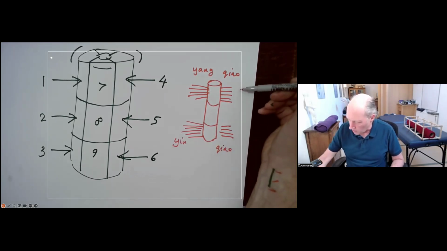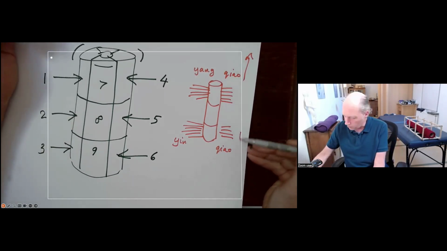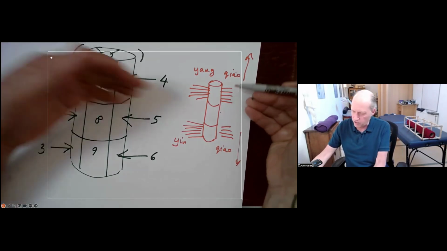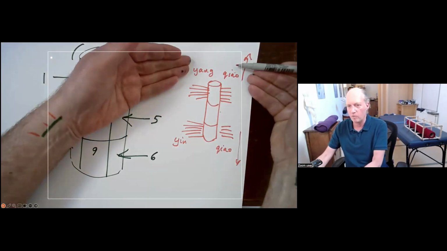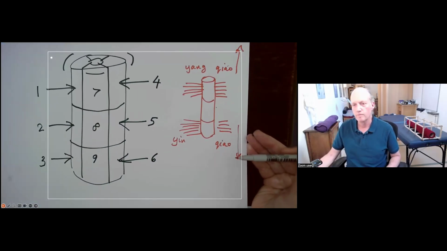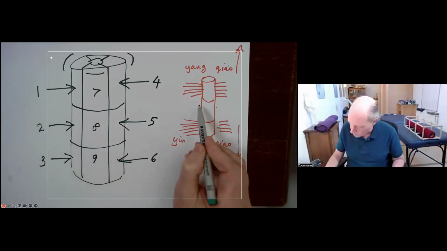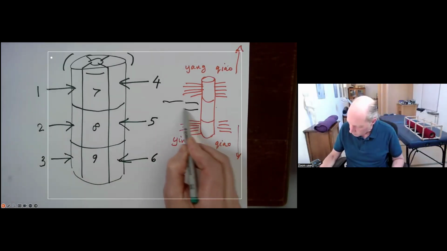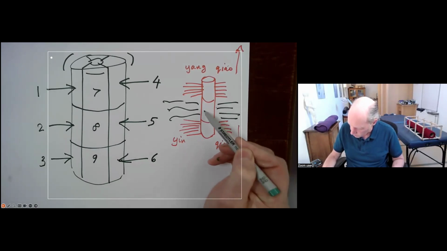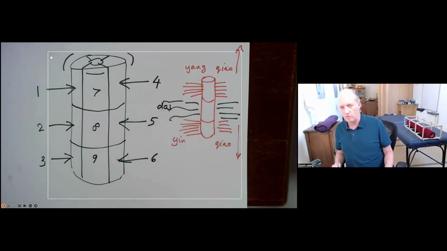More distal is more yang, isn't it? More proximal is more yin. So that's why the more distal one is yang chao and the more proximal one is yin chao. If it's in the middle, then that's the dai mai. That makes sense. It's like a little version of a human being.